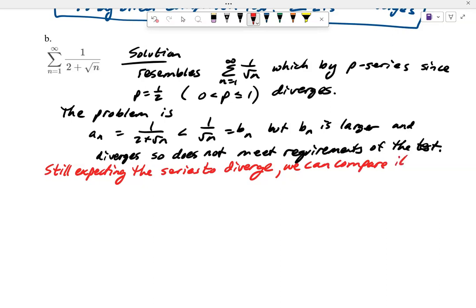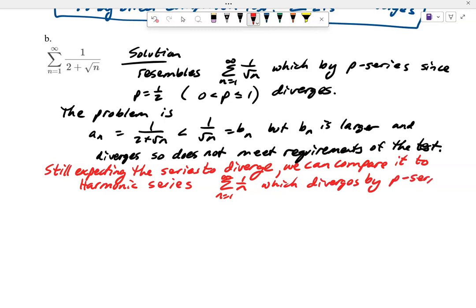Let's compare it to the harmonic series, 1/n, which diverges by the P series.